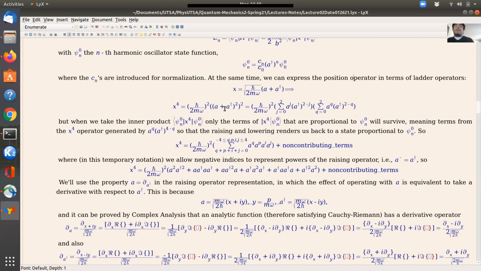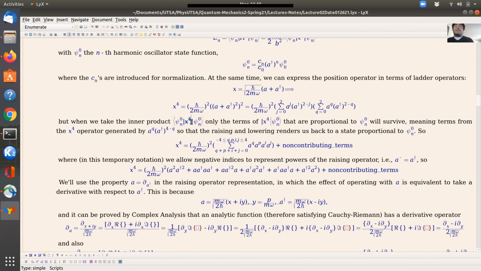Seeing x as a combination of raising and lowering operators gives a long expression, but only the terms that, when applied to phi 0 n, go back to the nth state will not be zero when taking the inner product with n. If a term ends up raising the state by 1, you would get n plus 1, and when you take the inner product with the nth state, that is going to vanish.